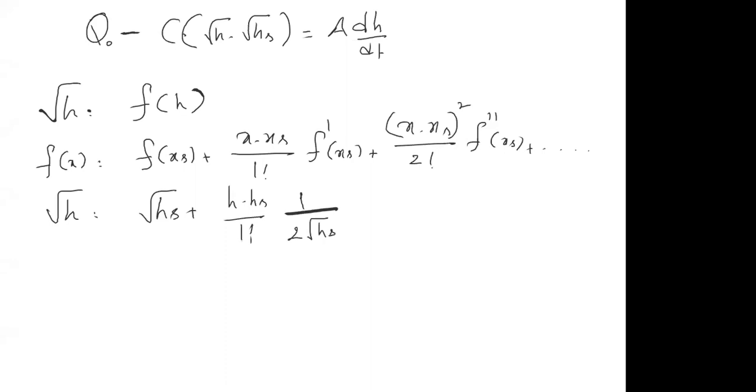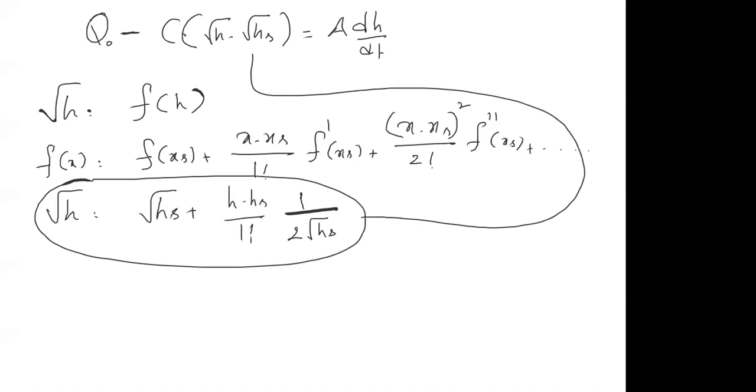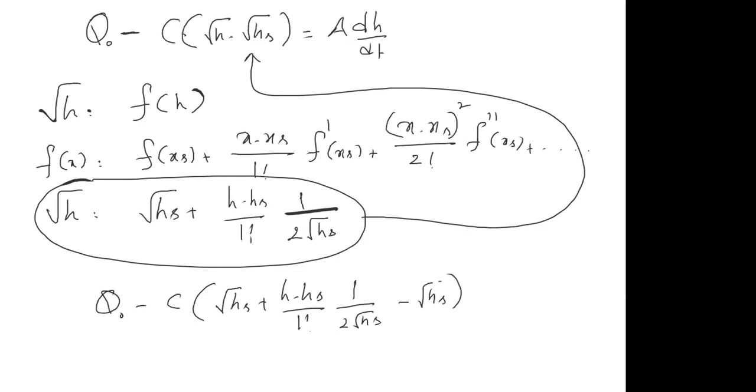So if we take this and substitute here, Q naught minus C into root Hs plus H minus Hs by 1 factorial into 1 by 2 root Hs, minus root Hs, which is equal to A into capital dH by dt.